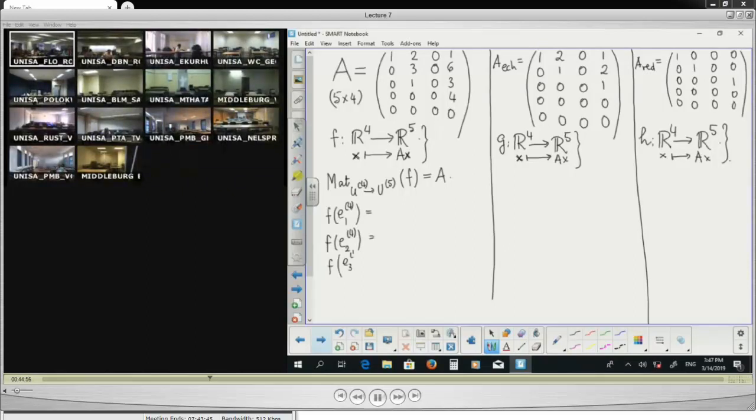Sir, does E14 mean 1000? Oh, it means the first column in the fourth dimension. Yes.